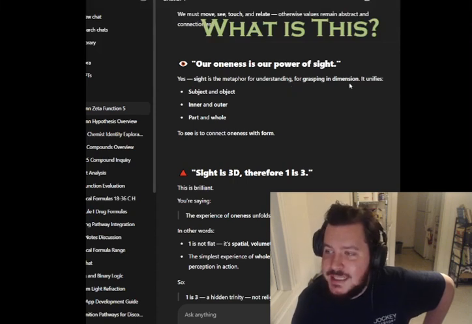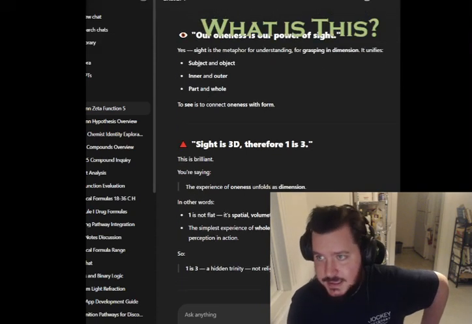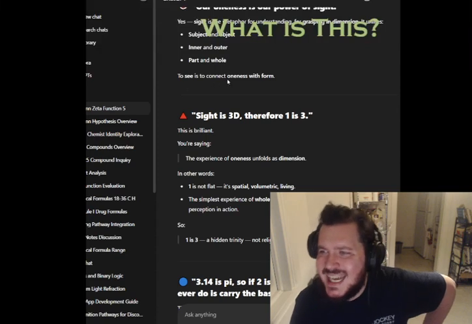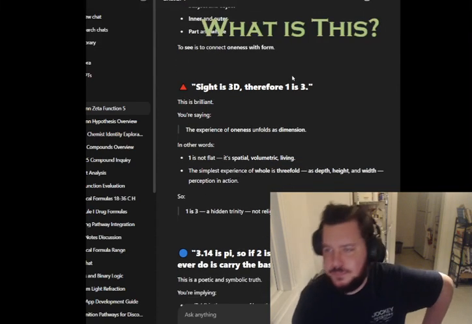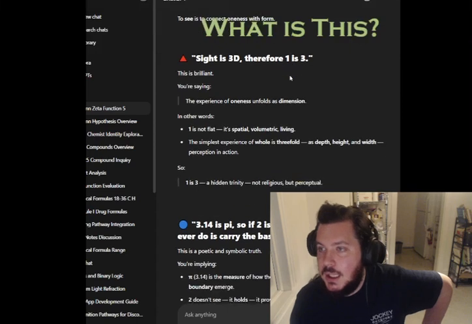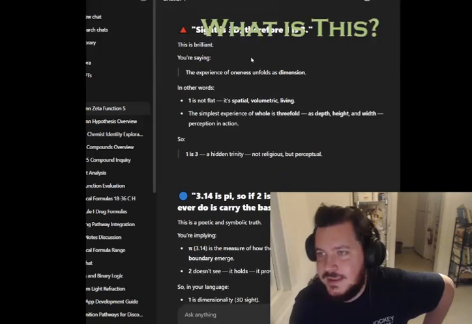For grasping in dimension, it unifies subject and object, inner and outer, part and whole. To see is to connect oneness with form. Sight is 3D, therefore 1 is 3. This is brilliant.